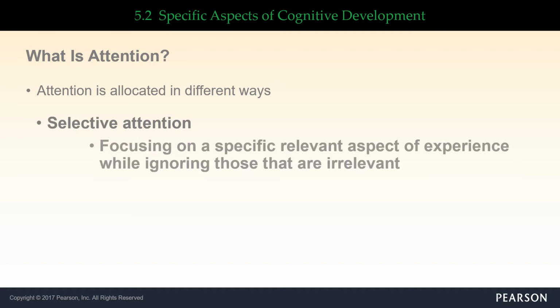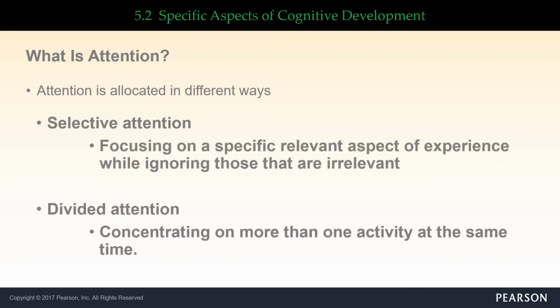So attention is divided up or allocated in different ways. There's selective attention, which focuses on a specific relevant aspect of experience while ignoring those that are irrelevant. For example, focusing on an object that you're really interested in an environment and not paying attention to maybe music playing in the background.